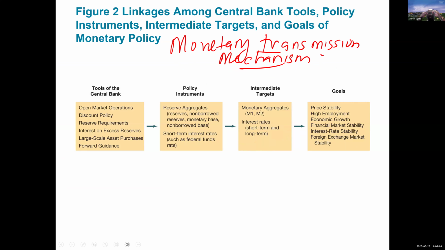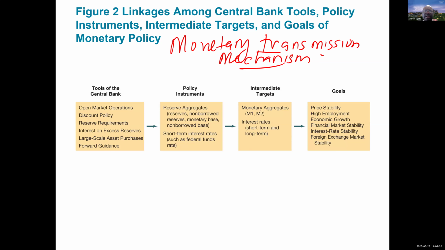So the monetary transmission mechanism is the idea that if the Federal Reserve changes its policy, like say buying or selling bonds, how does that change in policy end up influencing real economic activity? How does it transmit itself to affect real GDP, prices, and employment in the economy? That's what we call the monetary transmission mechanism.